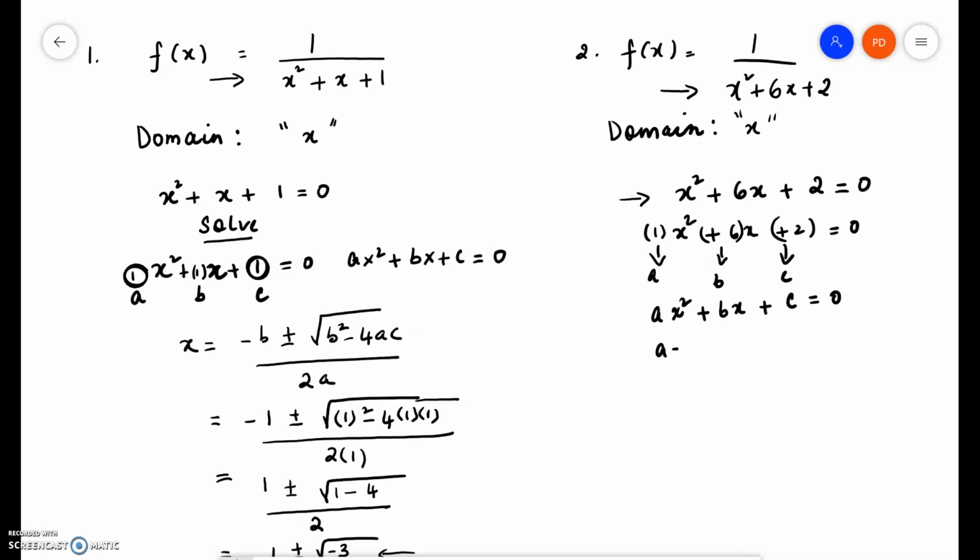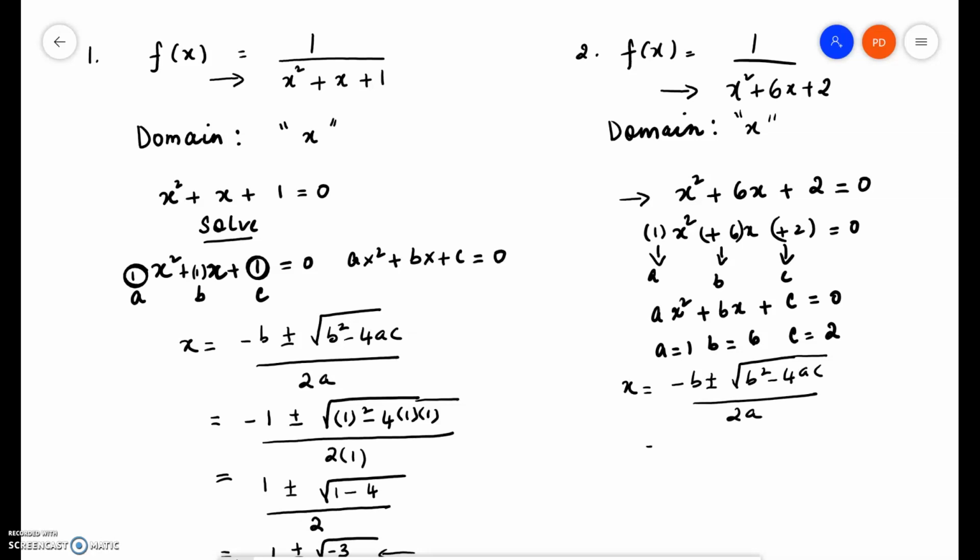So A equals 1, B equals 6, and C equals 2. So now we're going to plug in these numbers into the quadratic formula. Minus b plus or minus the square root of b squared minus 4ac divided by 2a.